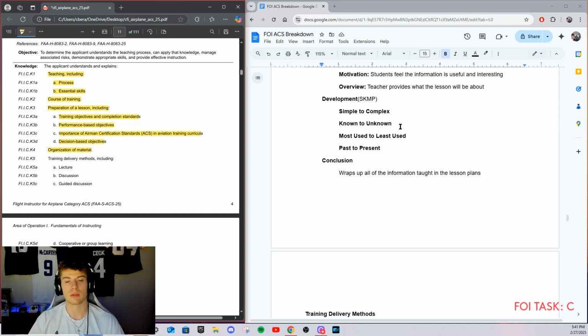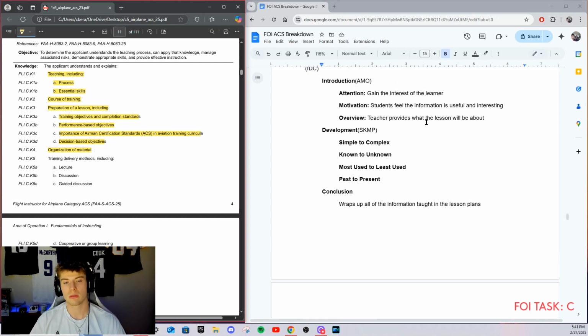Most used to least used. So you want to go over the most important stuff first. Like, you want to go over airspace, systems, stuff that they're going to see when they're flying. You want to go over comms, maneuvers, different parts of the airplane, because that's going to directly affect them right away.